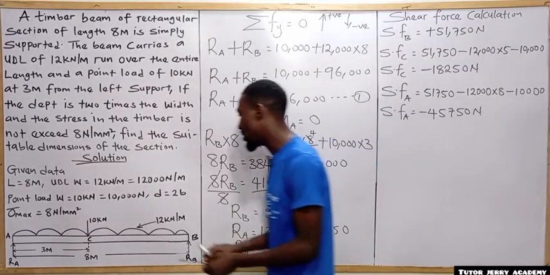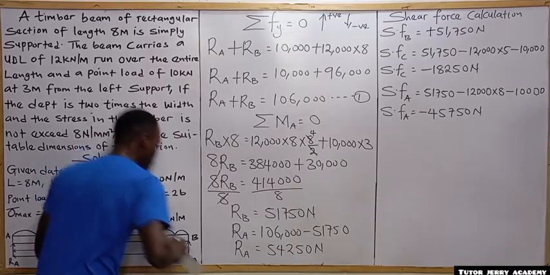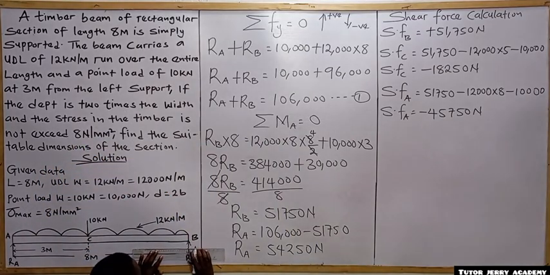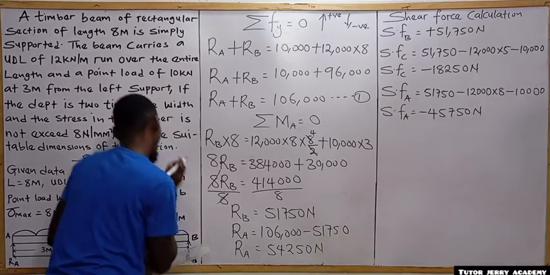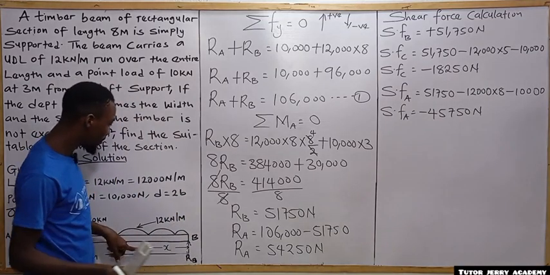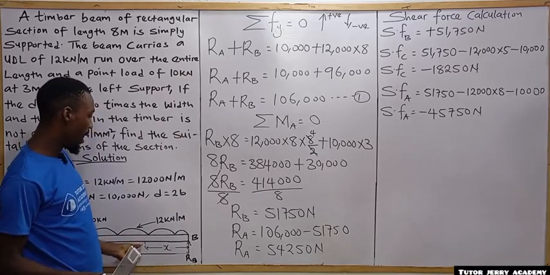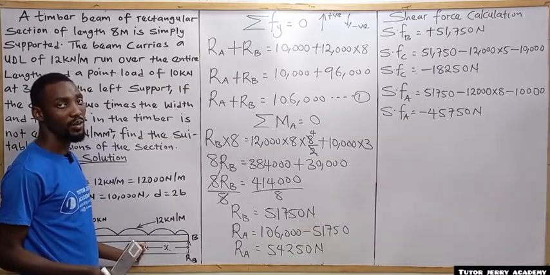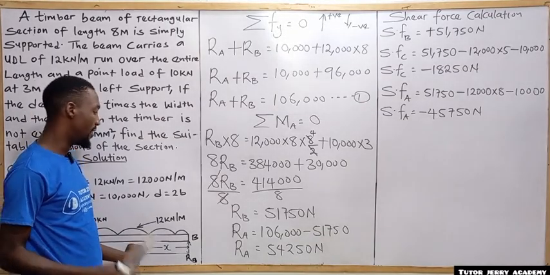So let's assume it to be S from B. Let's call it S. Now we are going to calculate the shear force along this point here, and then we are going to equate it to 0.